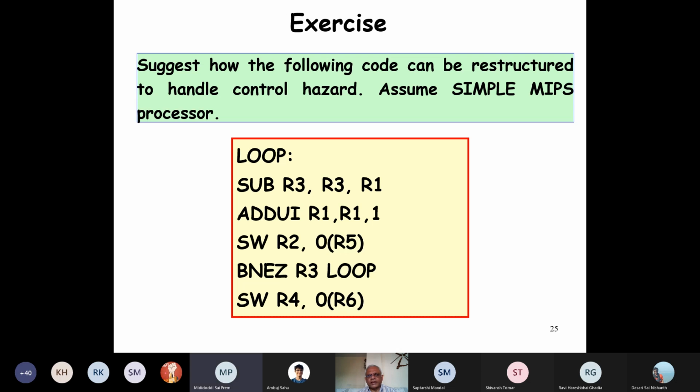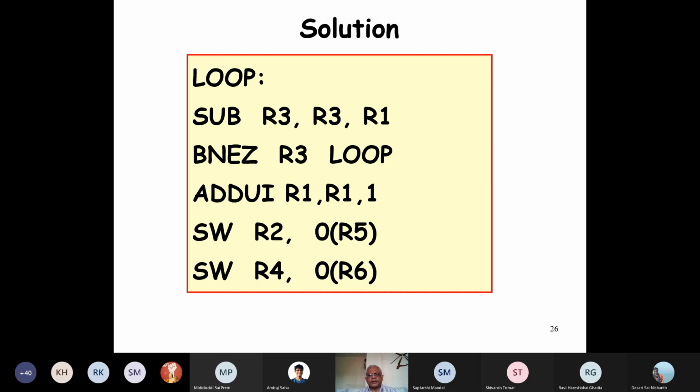See, we are not moving the BNZ, we are moving the other instructions after the BNZ. So those are the delay slots. So can we bring ADDI after the BNZ? Yes, sir. ADDI and SW instruction after the BNZ instruction. So SW R2, is it? Okay, very good. So yes, the compiler will do that.